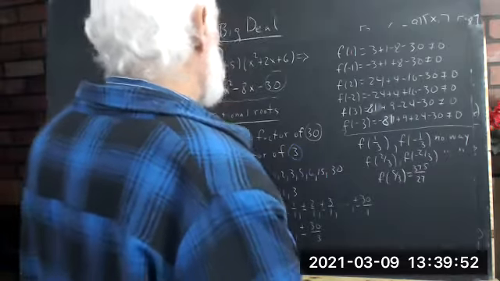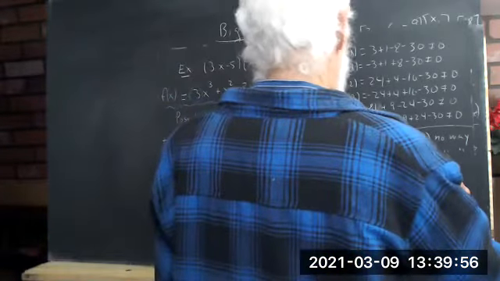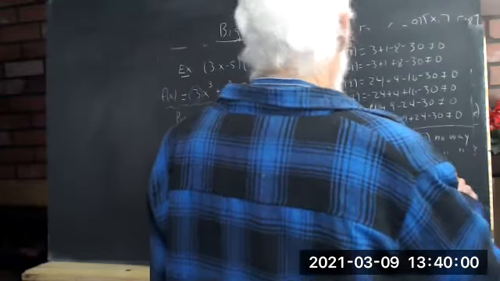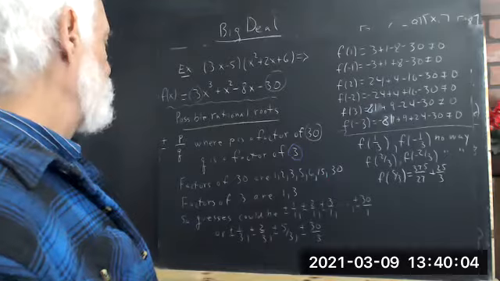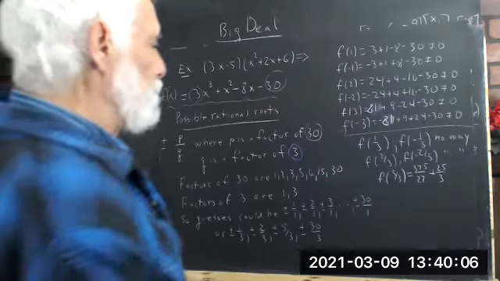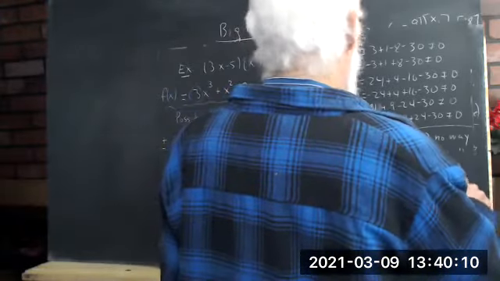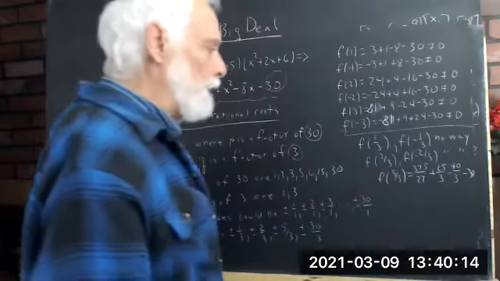X squared is going to be 25/3. 8x is going to be 40 thirds, so it's going to be minus 40 thirds. And then minus 30.